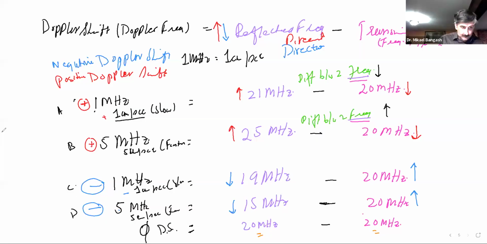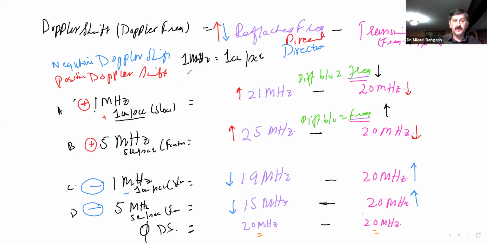Okay, guys. Now, what I said earlier, if you got this one here, you somehow got at least some essence of what it means to have Doppler and Doppler shifts.